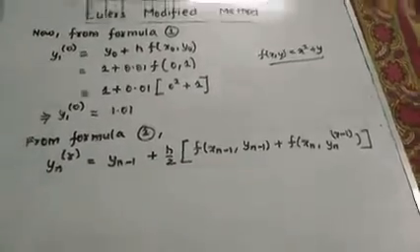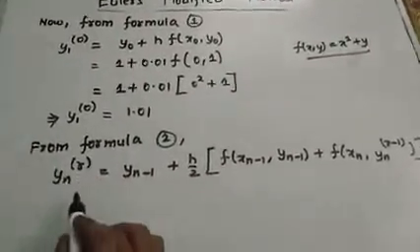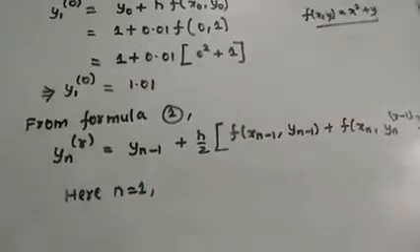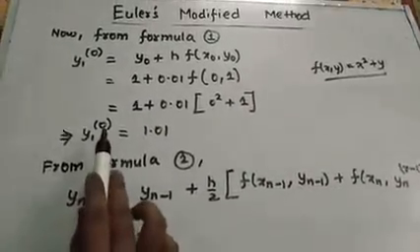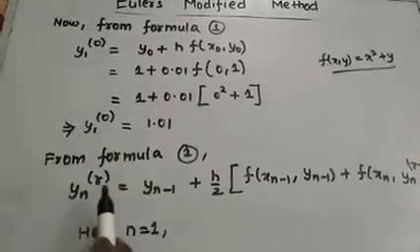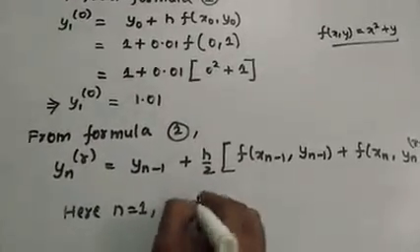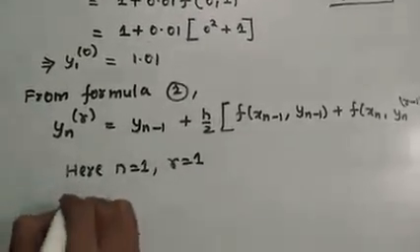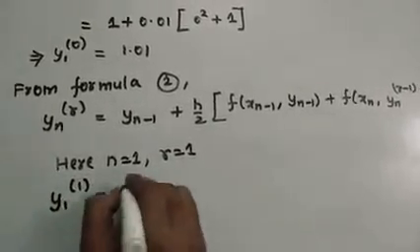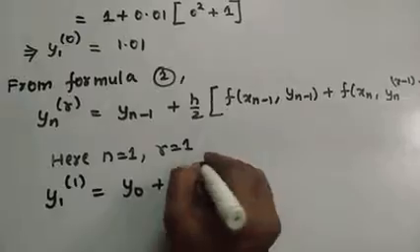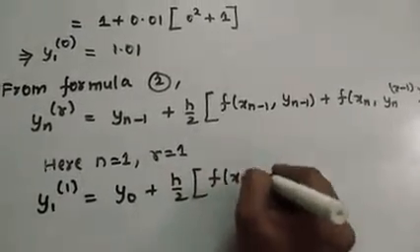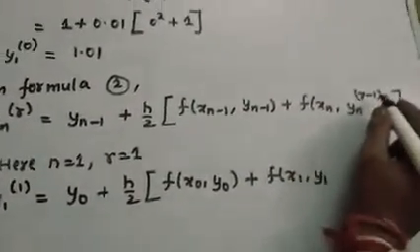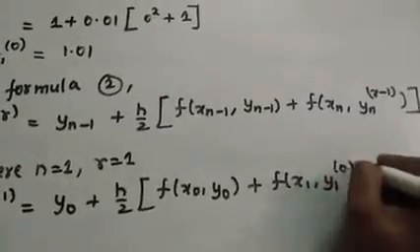For y1, n will always be 1. For r equals 0 we had already found the initial value, so now for r equals 1. Putting n equals 1 and r equals 1 in this formula, we will get y1 of 1 equals y0 plus h by 2 f of x0 comma y0 plus f of x1 comma y1 to the power r minus 1. R minus 1 means 1 minus 1, 0.